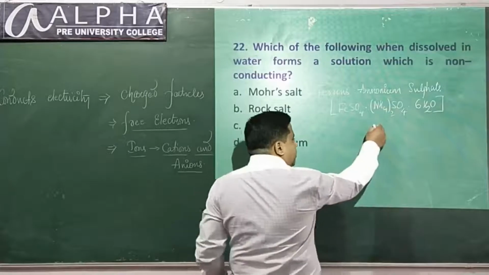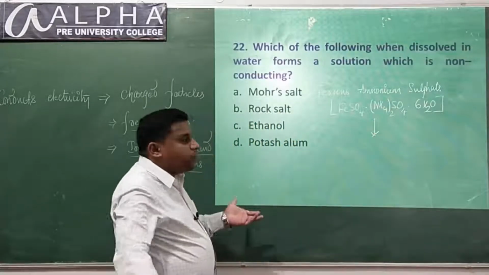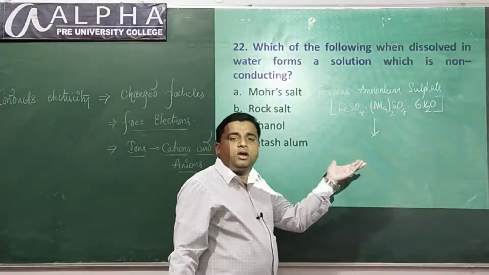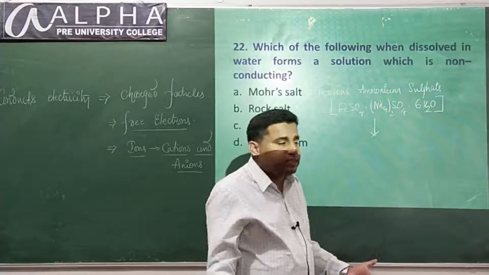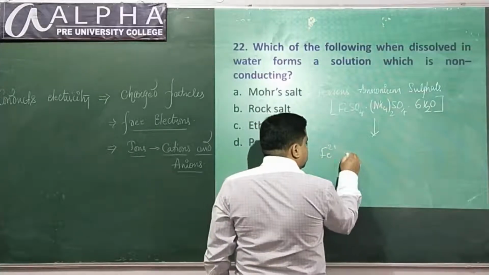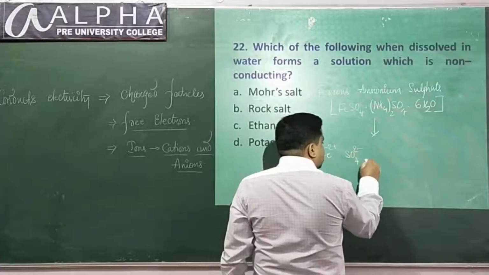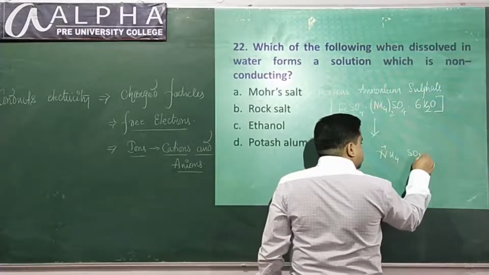Now, if you dissolve this salt, Mohr's salt, in water, what will happen? It's a salt. We know any salt when dissolved in water will ionize. So it will ionize to give what? Ferrous ions, sulfate ions, ammonium ions, sulfate ions, correct?